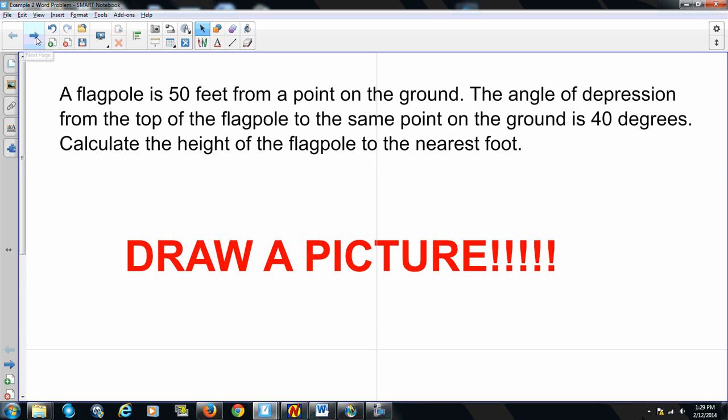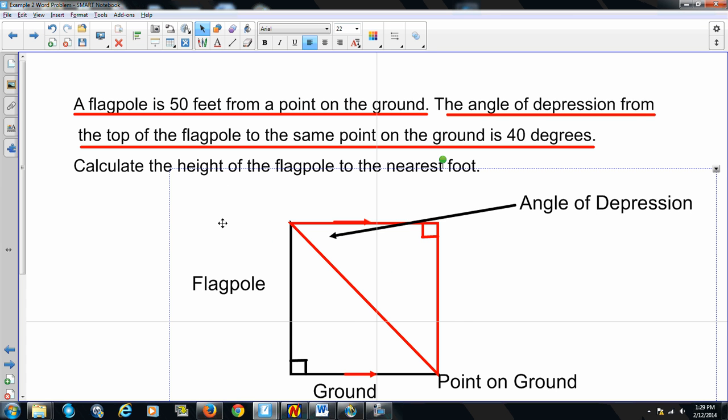This picture might be a little bit different than one we saw before, because we need a different kind of perception of what our line of sight is going to be. So we start with our flagpole, and we know that we have the ground. But where does our angle of depression go? Well, our flag is going to be up here at the top.